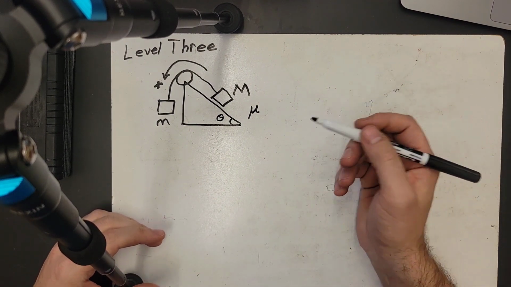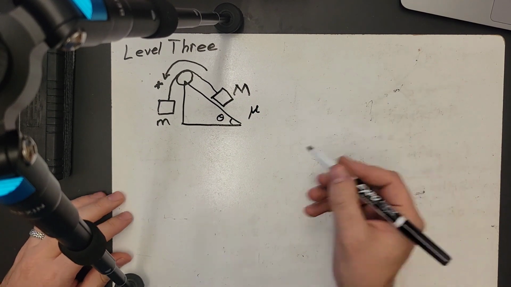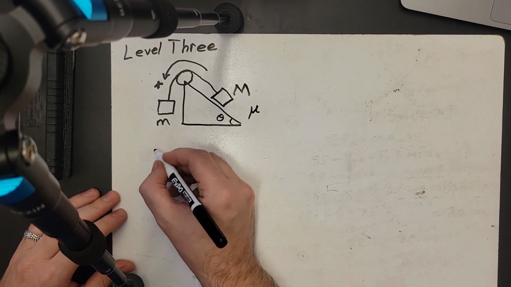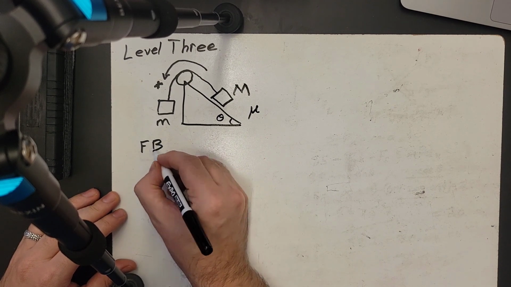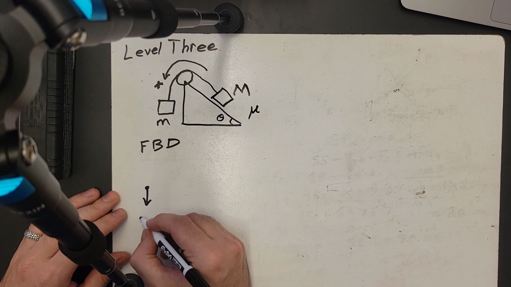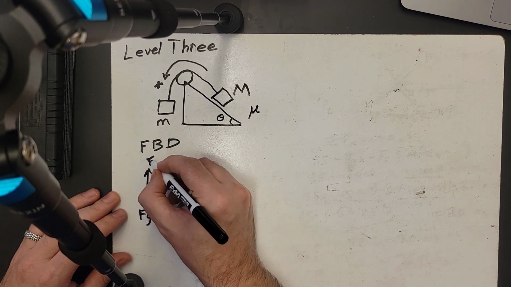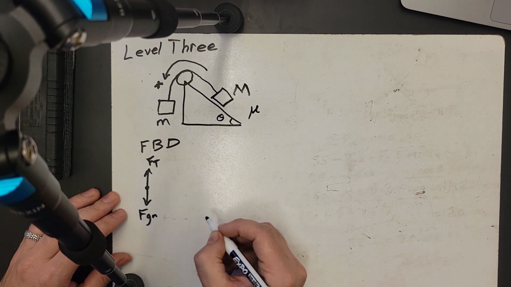All right. What's going on here? Derive an equation for the acceleration. Okay, well, that means I need to know what's going on. Well, let's look at our free body diagrams real fast. Over here, I got a force of gravity and a tension force. This is on the small m.